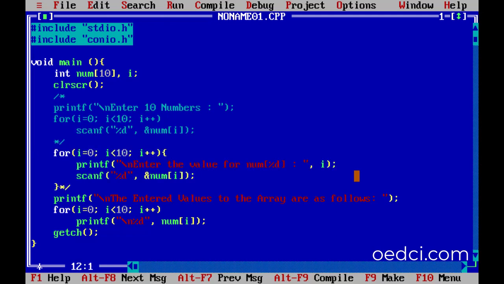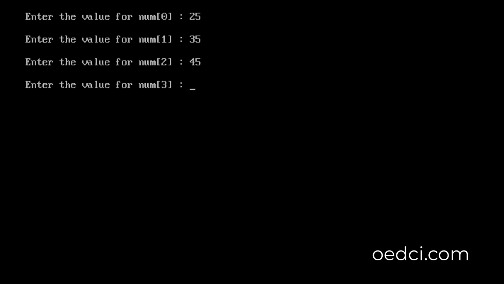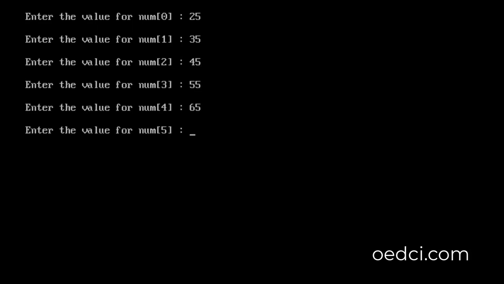Put it as a comment. Remove this one. So in the same for loop we have written, enter the value for num[0], num[1], it will ask. Enter the value for num[0]. For num[0] I have entered 25. So again it will ask enter the value for num[1]: 35, 45, 55, 65, 75, 85.